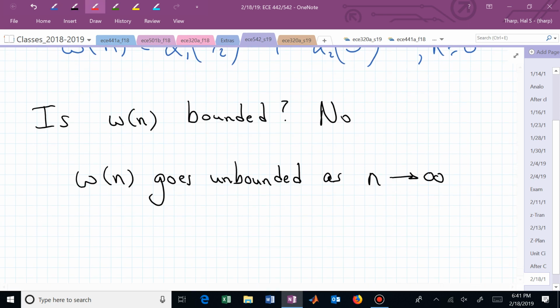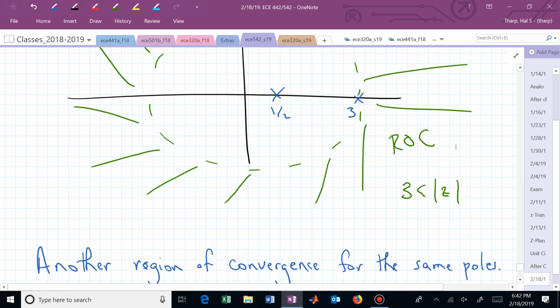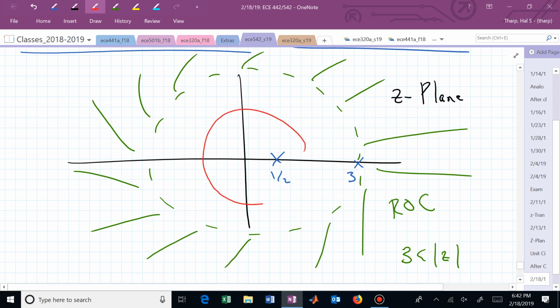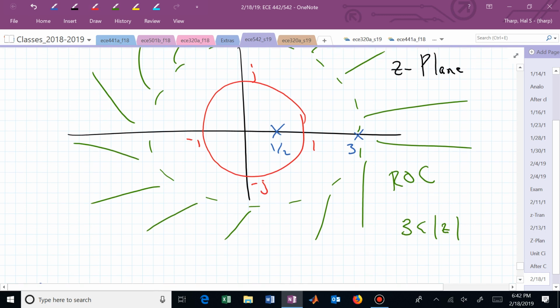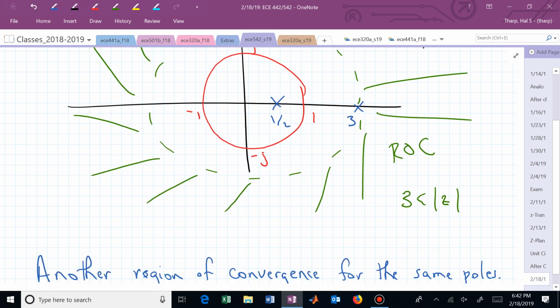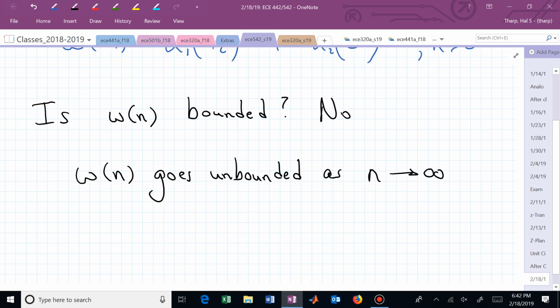Or what can we say about the unit circle relative to this region of convergence? Does the region of convergence include the unit circle? No. And that's another way of answering this.